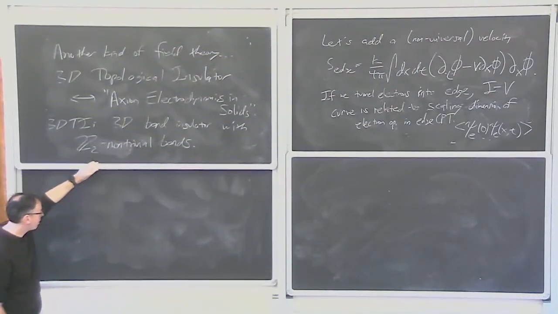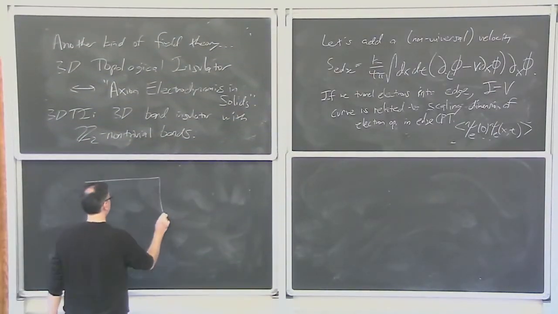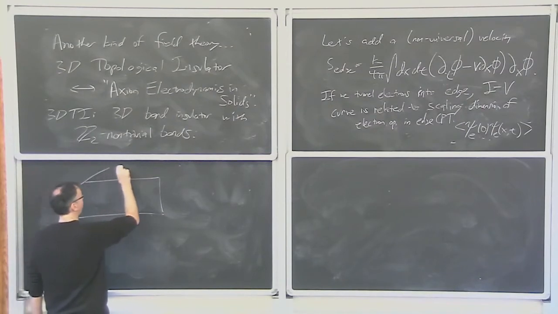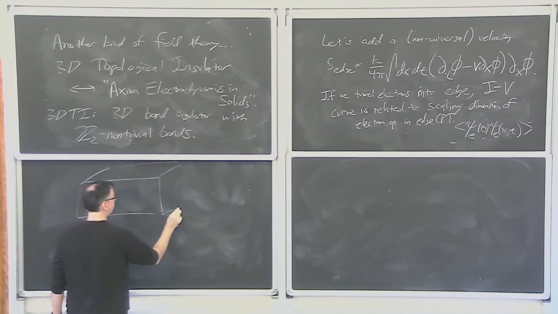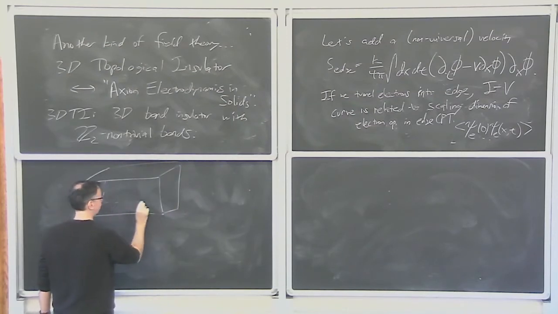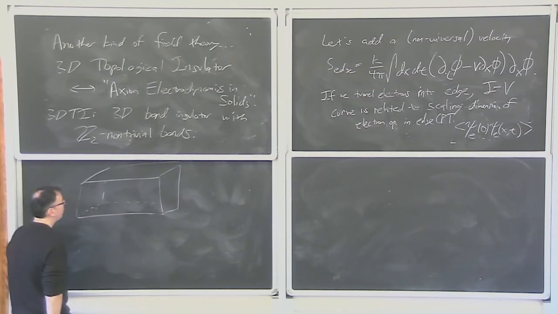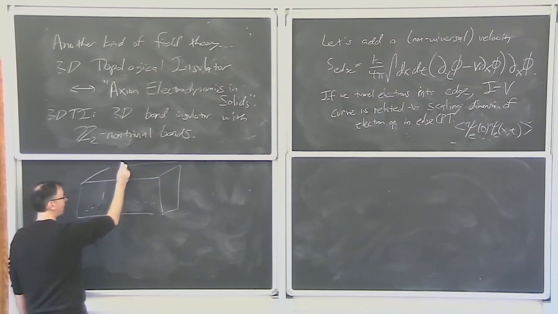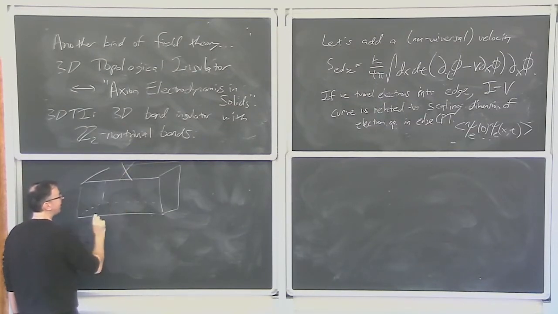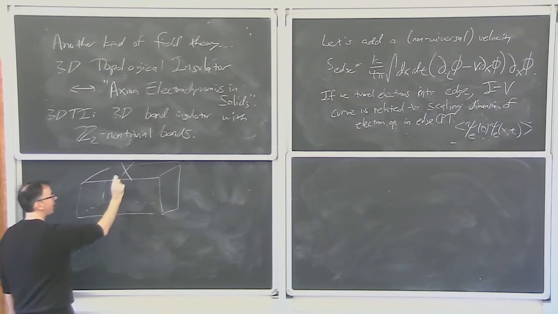And when I go to the surface, what I will have is that on every surface there's some kind of gapless state. And in the simplest materials, the surface state looks like a Dirac cone.